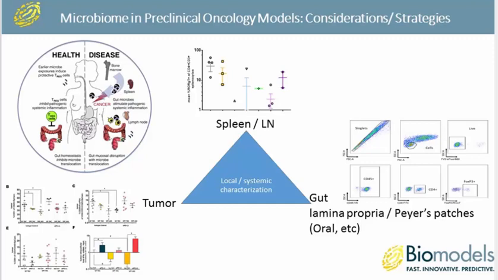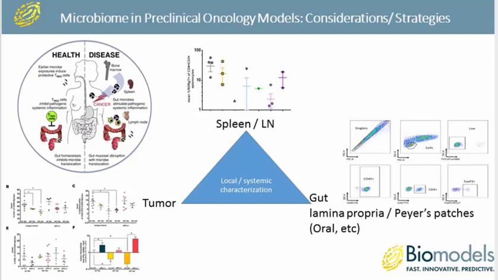Additionally, we've really found that just looking at tumor lymphocytes is only going to tell you one part of a really systemic system that we're looking at. So when we want to look at the relationship between health and disease, we want to probe from multiple sites to really get an idea of what's going on locally.